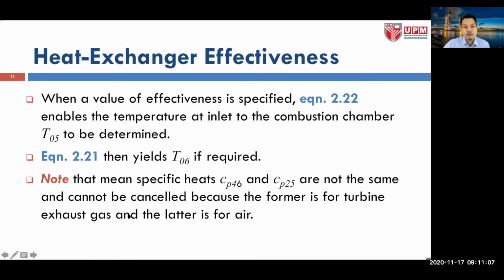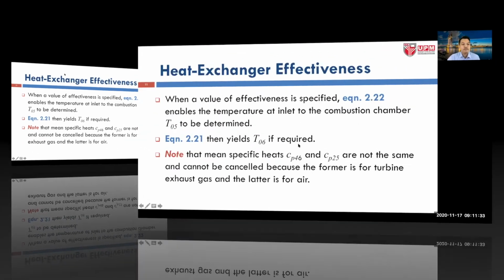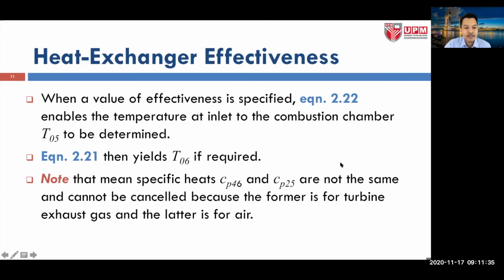So when a value of the effectiveness is specified, equation 2.22 will enable the temperature at the inlet to the combustion chamber, TO5, to be determined. So equation 2.21 then yields TO6 if required.